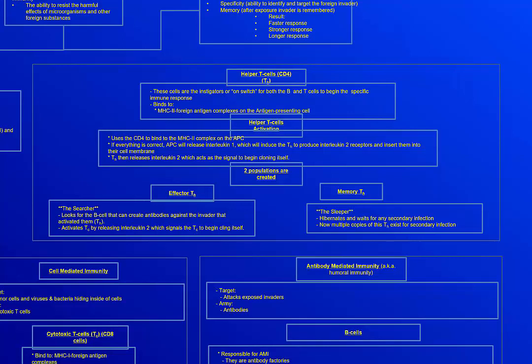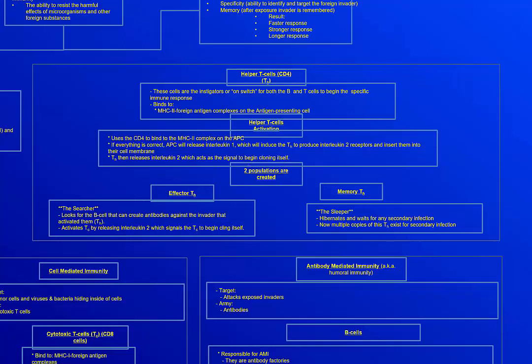So the activation, it uses CD4 to bind to MHC-II and the antigen presenting cell. If everything is correct, the antigen presenting cell releases interleukin-1, which induces the helper T cell to produce interleukin-2 receptors and insert them into their membrane. And then once it does that, it begins cloning.